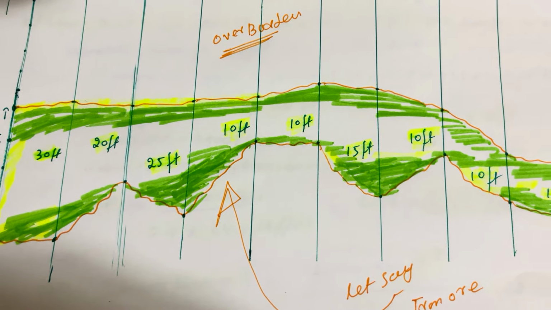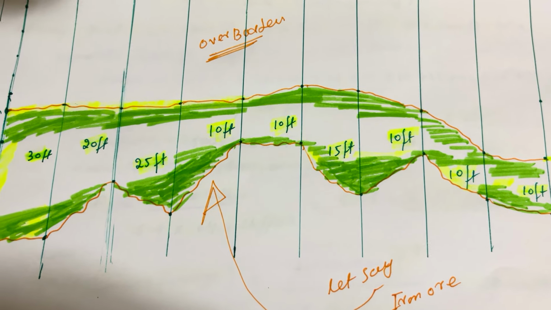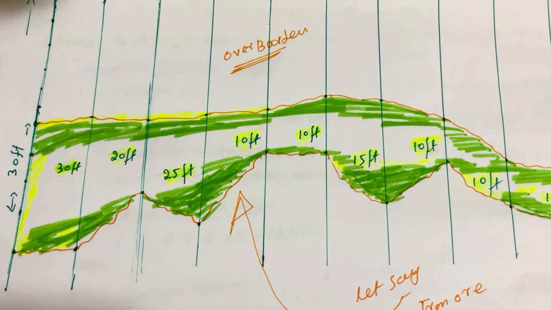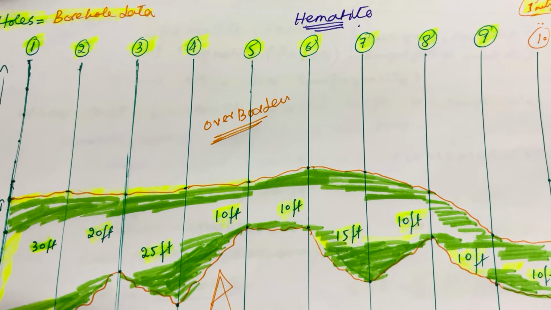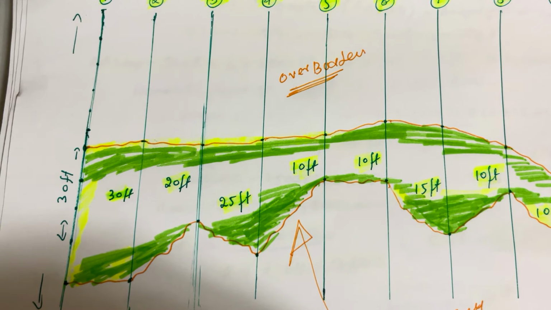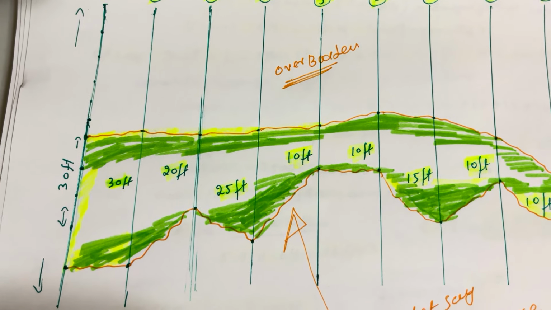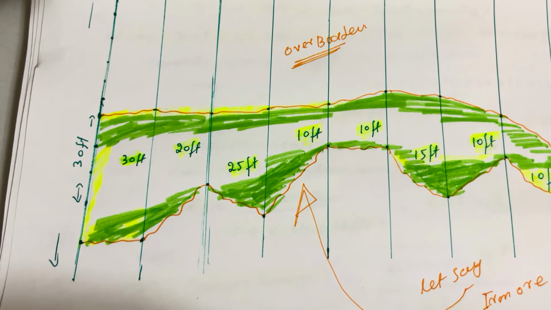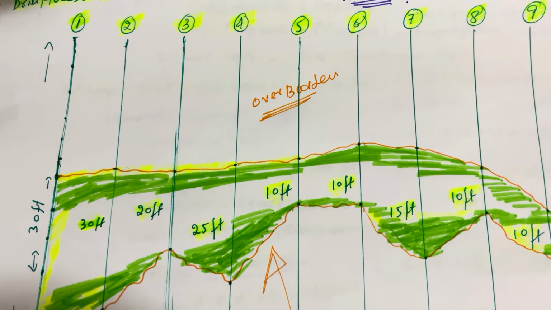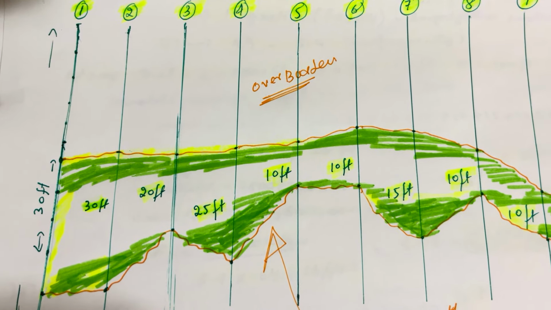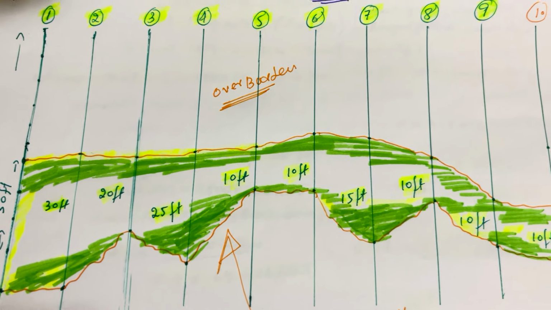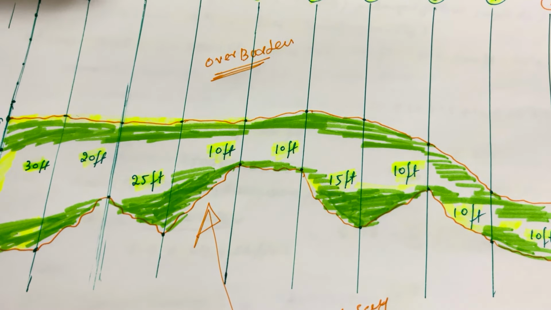The green and yellow border is the ore body, hematite, iron ore, and this is the overburden. In the first hole, we have 30 feet of ore and almost 60 feet of overburden, so you can calculate the overburden also.